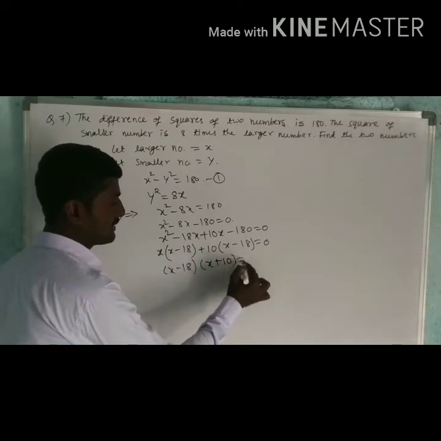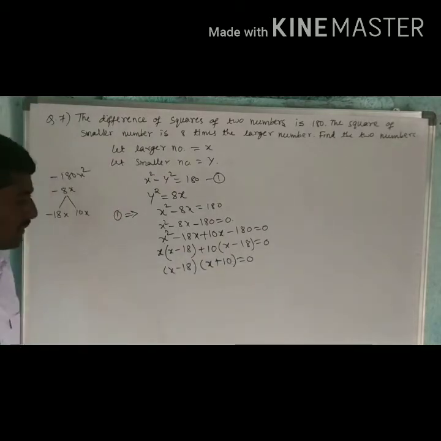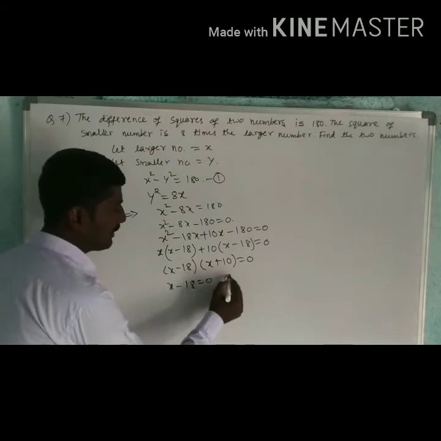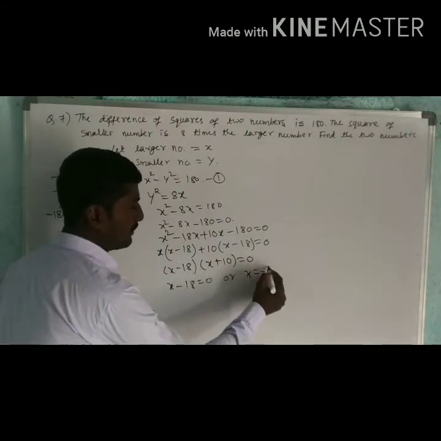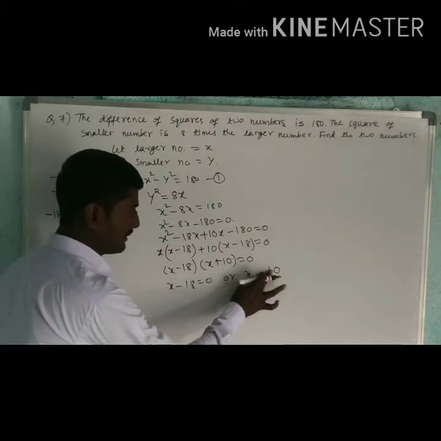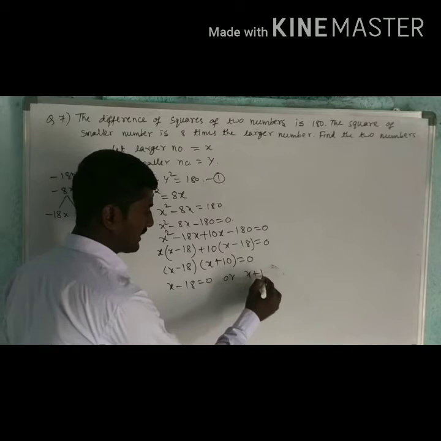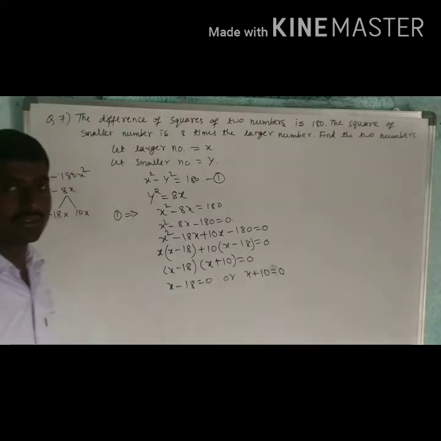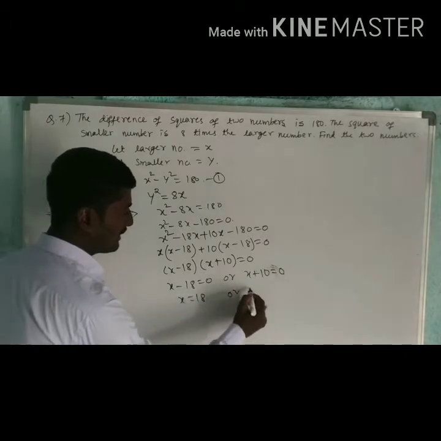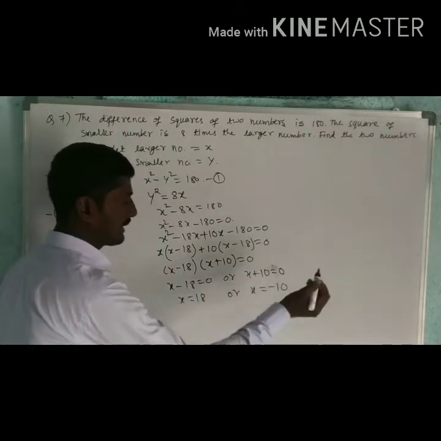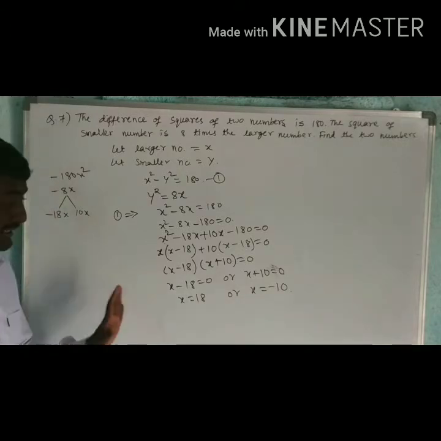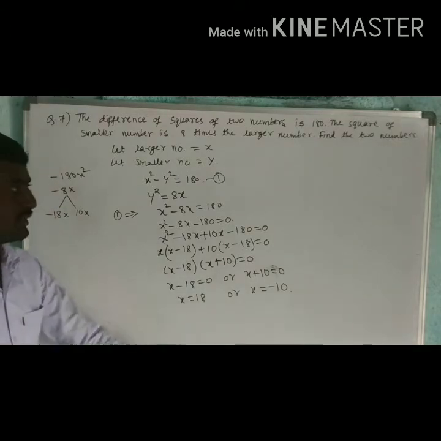So x minus 18 into x plus 10 is equal to 0. Now this will be x equal to 18 or x is equal to minus 10. Now we got two values of x. Let us check which is possible and which is not possible.